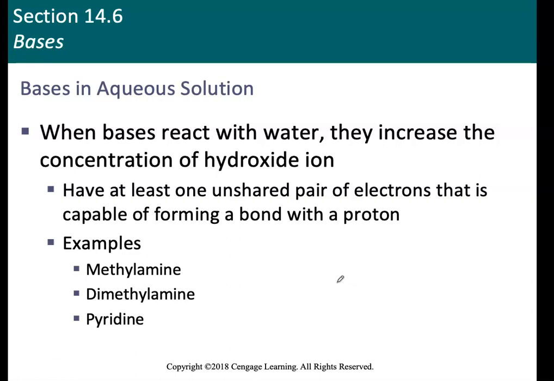Now when you look at the other types of bases, you're going to look at not only those that have hydroxide ion concentration, but you will be looking at those that have what we call the amine group in their structure, and those have lone pair electrons or are proton acceptors. So you have at least one unshared electron pair in the structure.